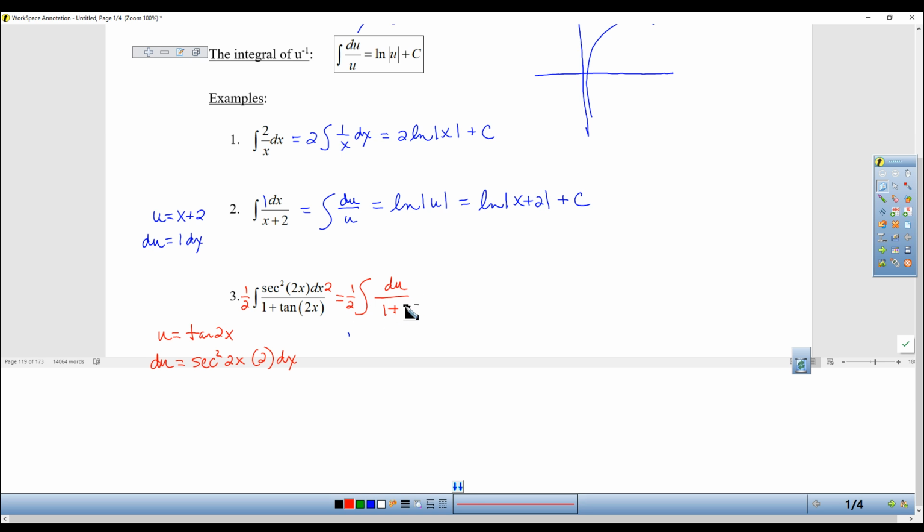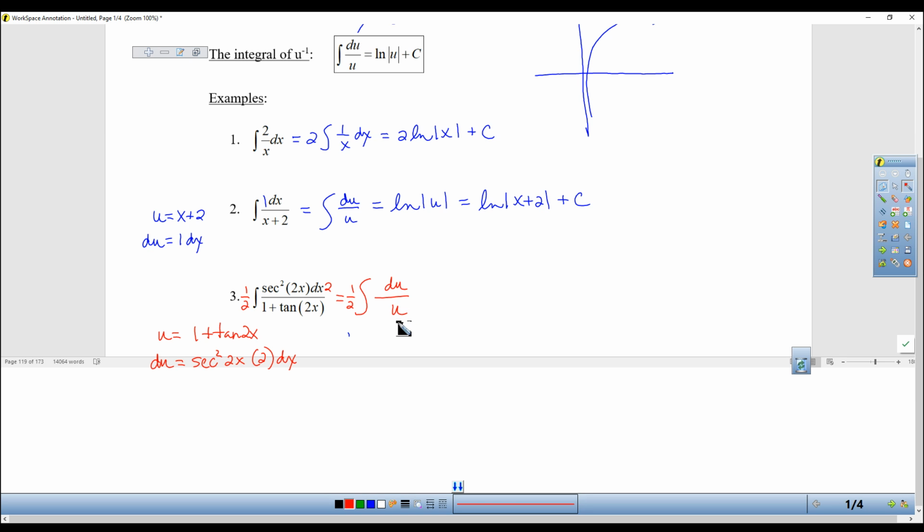But you're going to get 1 plus u. Is 1 plus u what you need? No, you need u. But this is easily fixed, more easily than people think it is, because you can make your u 1 plus tangent of 2x and actually still have the exact same derivative, because the derivative of 1 is 0. So it still works out.